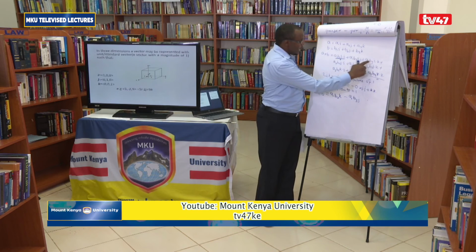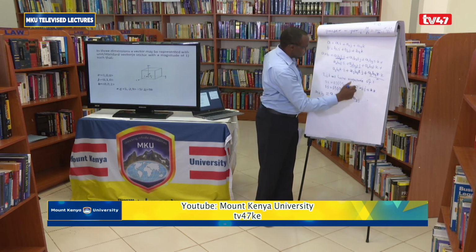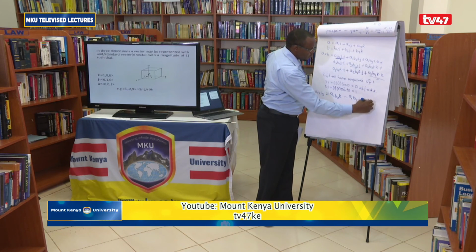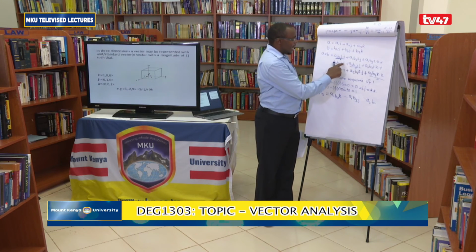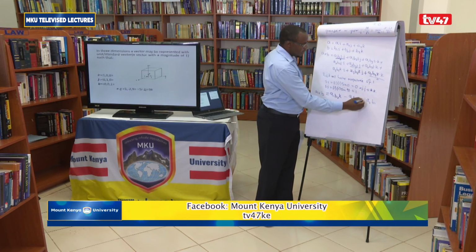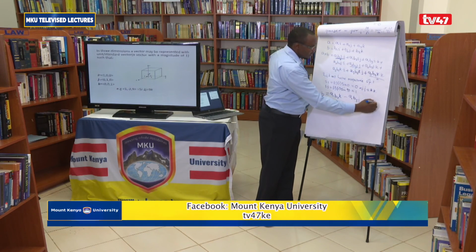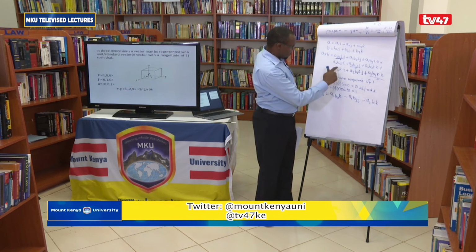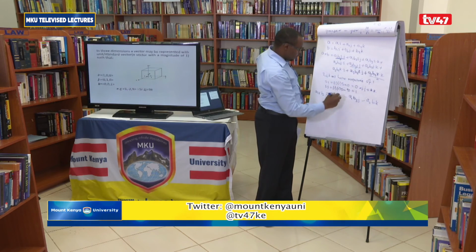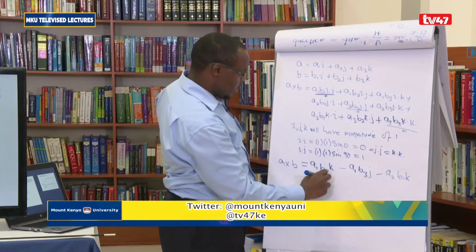And then we have the third one, which is A2 B1. A2 B1, again J I, it is going in the reverse direction, and therefore again here we are going to have a negative, and this is going to be K. And then we have the other one, which is A2 B3.